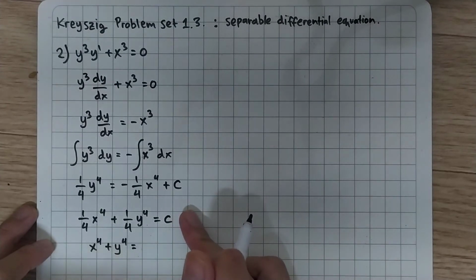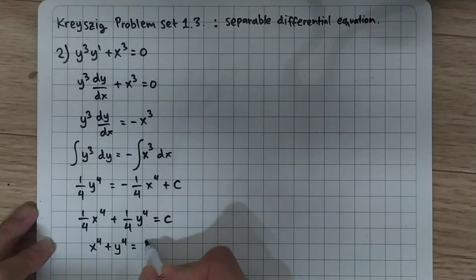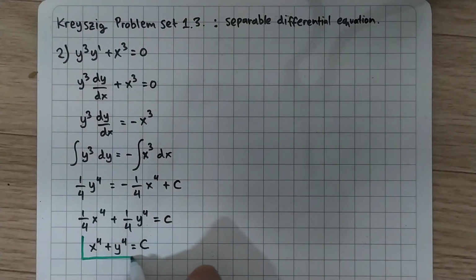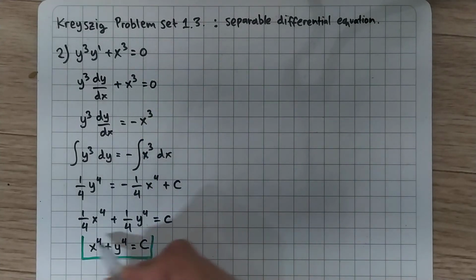Because 4 times constant is also constant, we can rewrite it as constant. Okay, so that is the general solution of this differential equation.